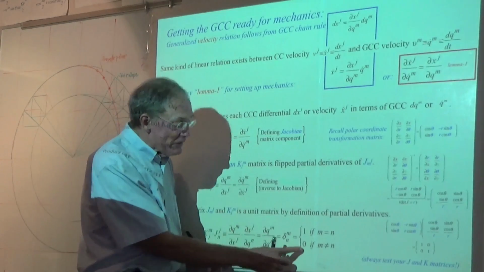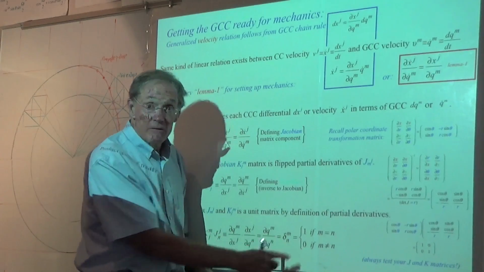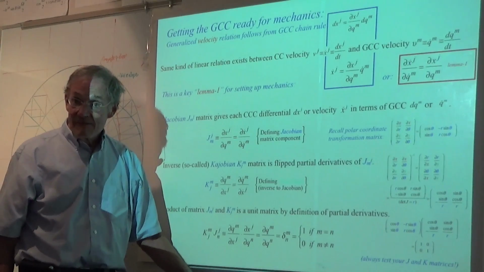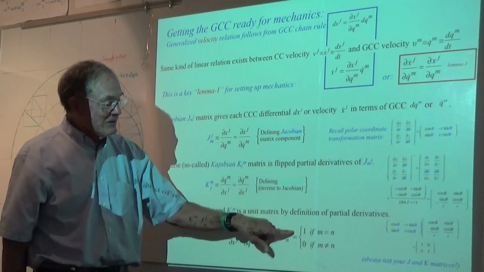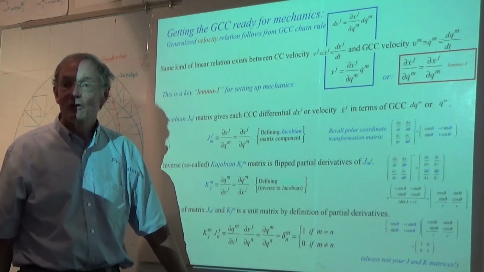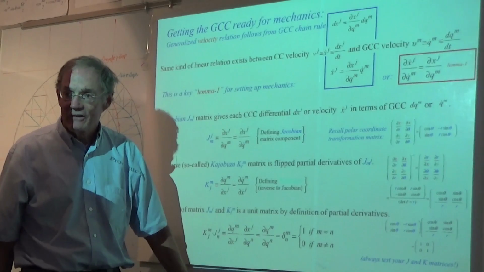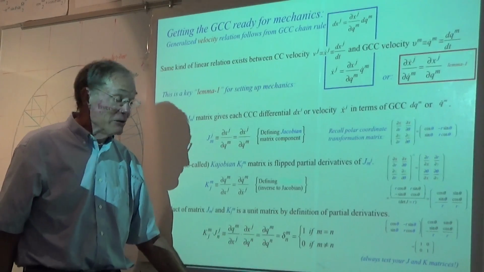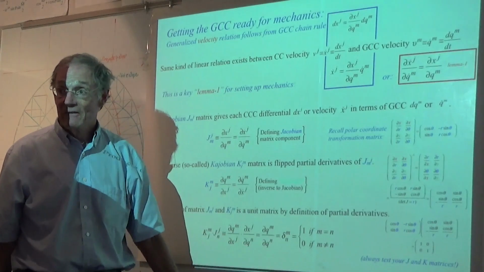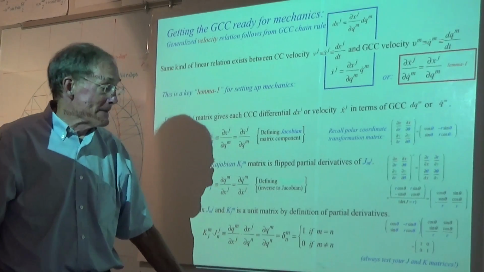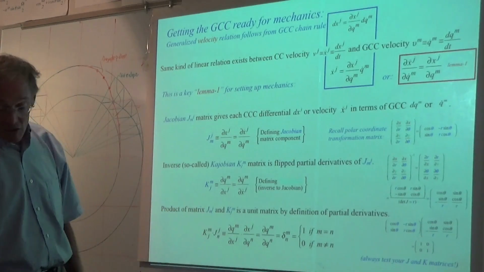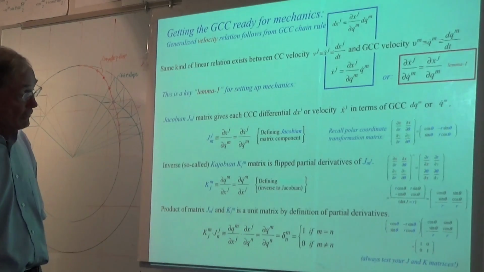Therefore, its derivative has to be 0. Make sense? So this identity is supposed to be self-evident as you've looked at the partial differential calculus. But if it isn't, make sure you understand what is being said here. Okay. So that's a formal relationship about these two being inverse to each other.